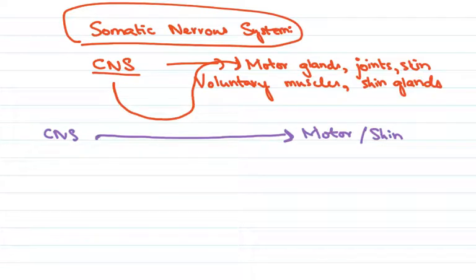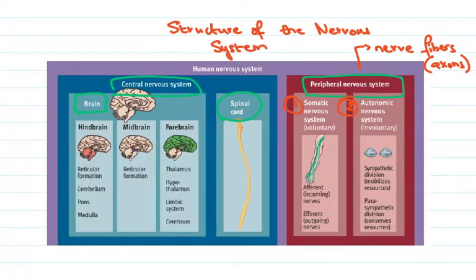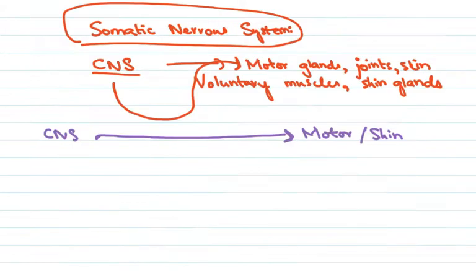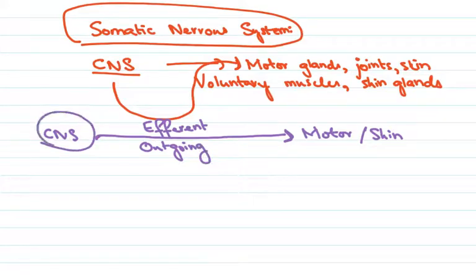These are called efferent nerve signals, because these are outgoing signals. These are basically what are traveling from the central nervous system to motor or skin glands.